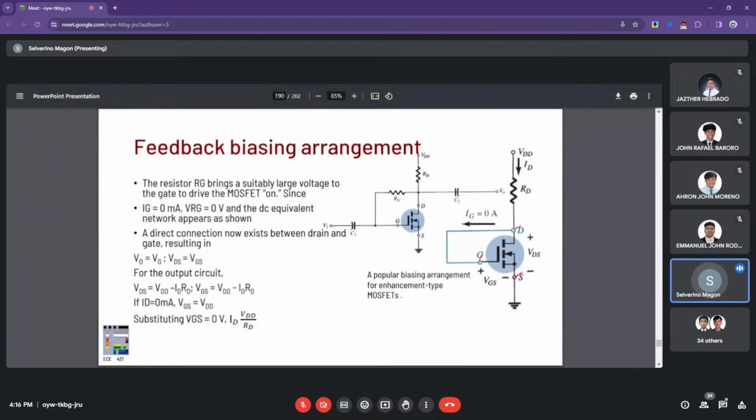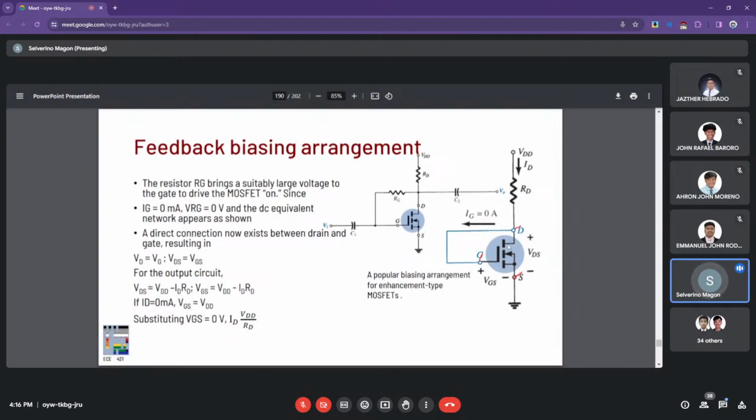So in the case of the on condition, in the case of a feedback bias here, the RG provides the bias to the gate, so it is maintained in the on condition.